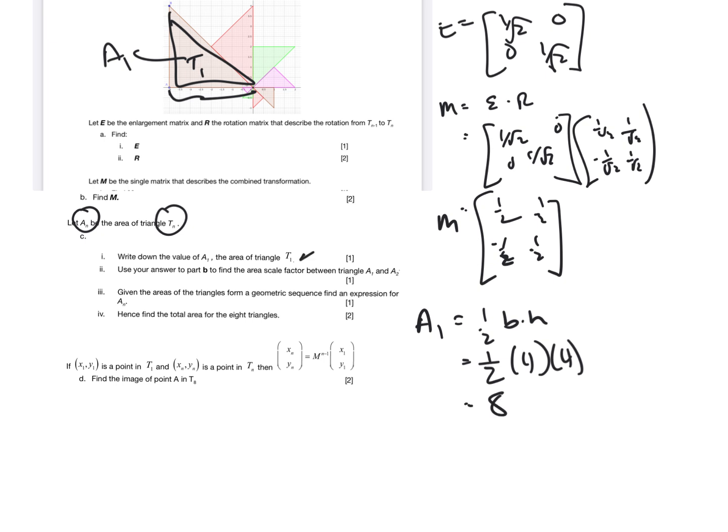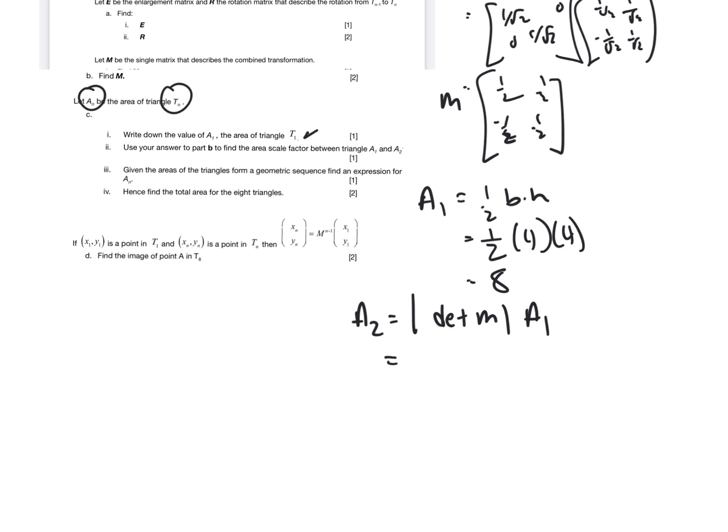Now it says use your answer to part B to find the area scale factor between A1 and A2. Well, for me to get A2, I'm going to multiply by the absolute value of the determinant of M times A1, because that's my formula for area with transformations.